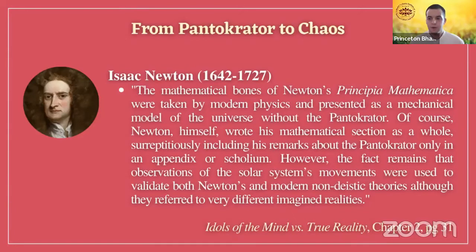So the short version of what Newton was presenting was that he was looking at reality as a whole, a living conscious whole, in which the existence of God, what he called Pantocrator, the supreme controller, was necessary.